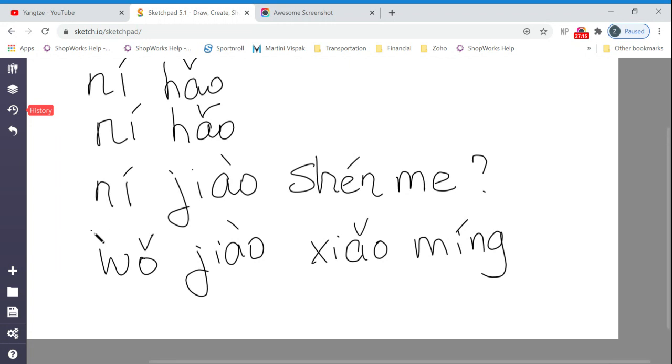In Chinese, when you make a question, you don't have to switch the position of the subject and the verb to make it a question. You just replace where you usually have the response by the question word. It means we keep the structure, start with the subject, the verb, and the complement.